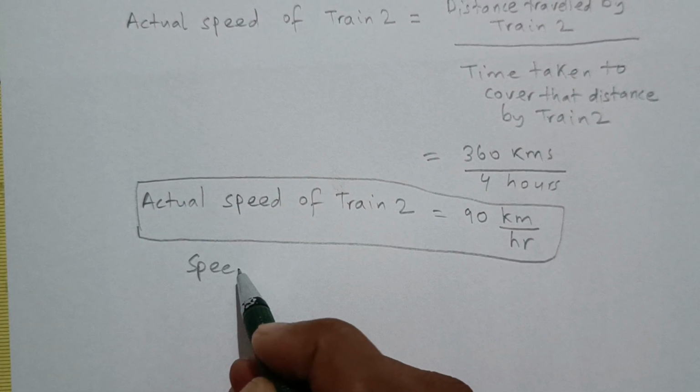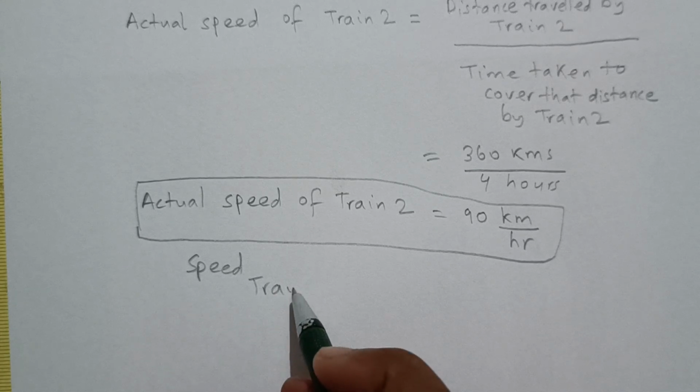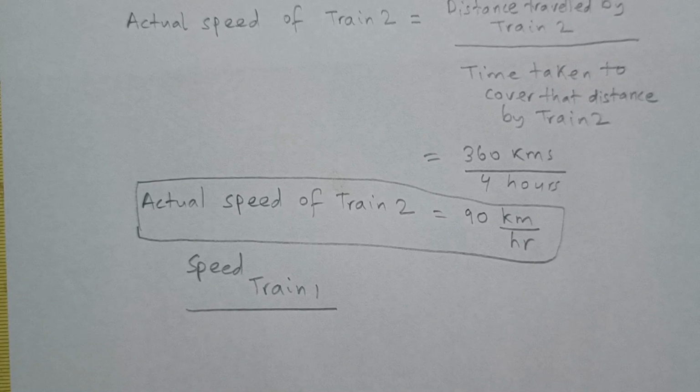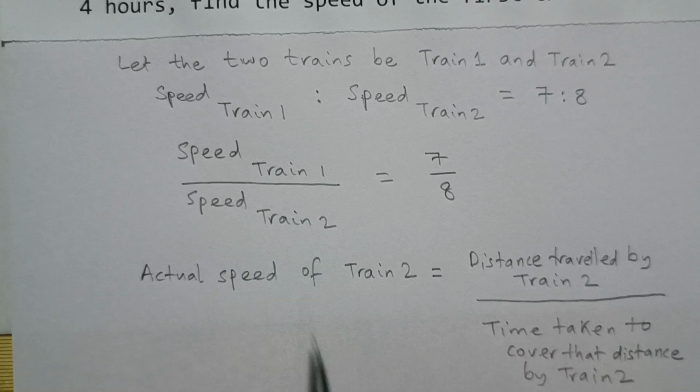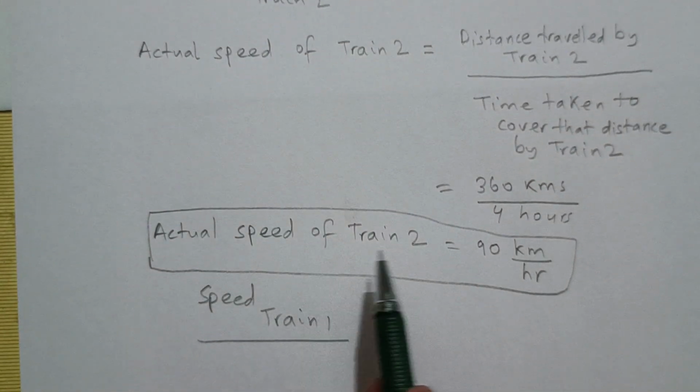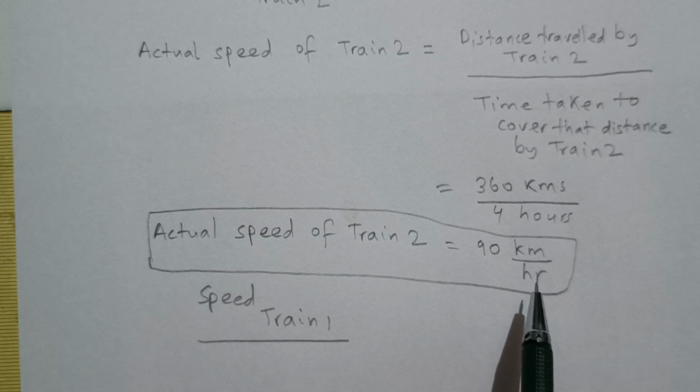So this information will now become speed of train 1 upon speed of train 2. What is the actual speed of train 2? The actual speed of train 2 is 90 kilometers per hour.